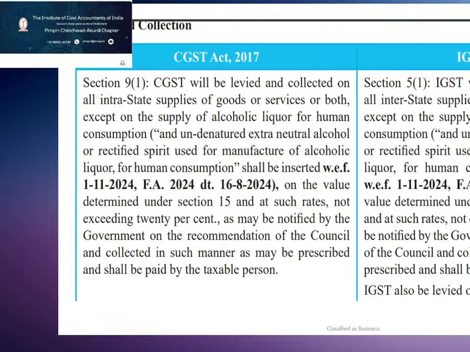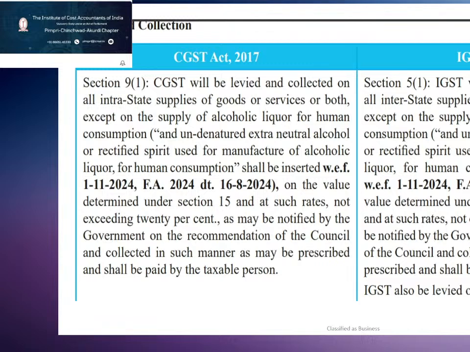If the supplier is a GTA who has not paid central tax, if they are not going to pay the GST, then it has to be paid by the recipient of the service. So if we are going to avail, then our organization has to pay the GST to the department.